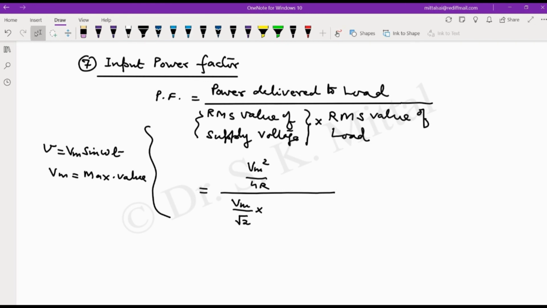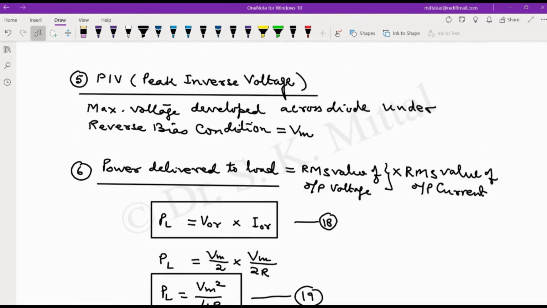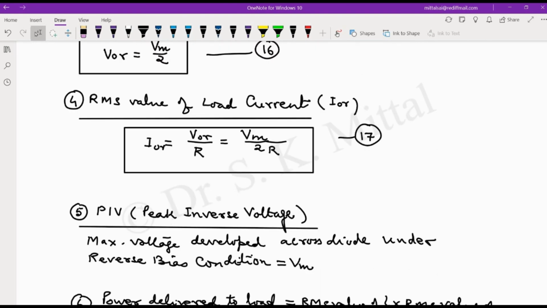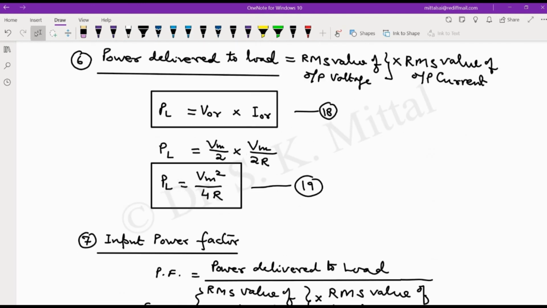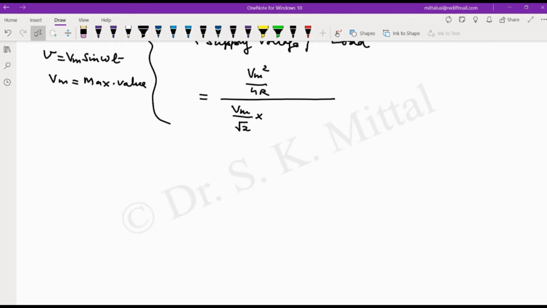And the RMS value of load current we have calculated in equation number 17, which is Vm divided by 2R. If we calculate, the input power factor comes 1 upon root 2, which is equal to 0.707.